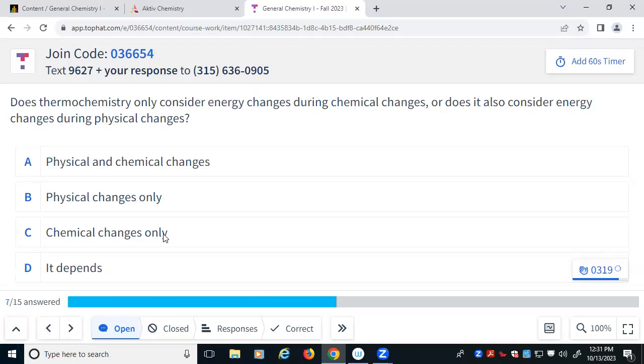So we can already eliminate B because we've already examined the fact that it's going to study chemical processing. So the question is, is it A or is it C, or does it depend on the situation? Give you another 15 seconds.